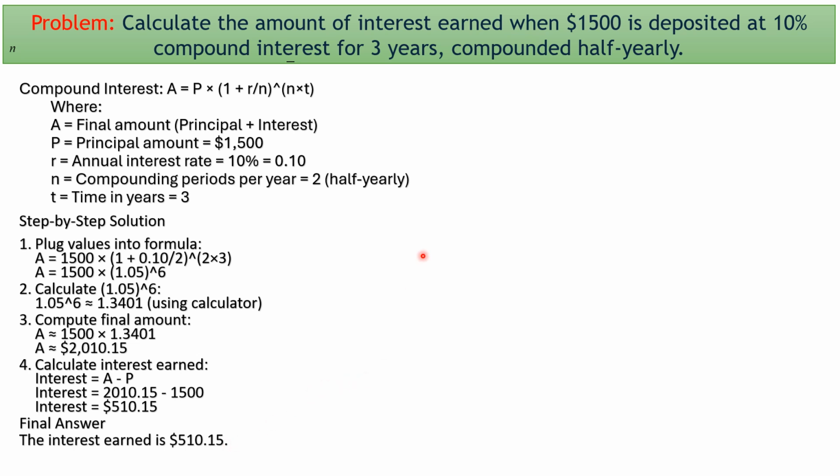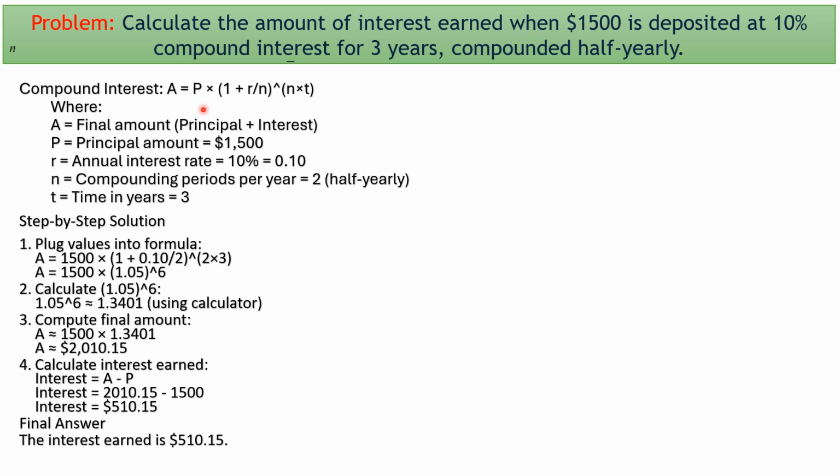So please remember, the principal amount is given in the question. Interest rate R is given in the question. The investment period is also given in the question, 3 years. The number of times interest is compounded is also given in the question as half yearly. Half yearly means twice a year, so N is equal to 2. So what is missing? The total amount of interest that we are going to earn is missing. So by finding out A, you can find out the interest also, because A is going to tell you the total amount of principal amount plus interest.